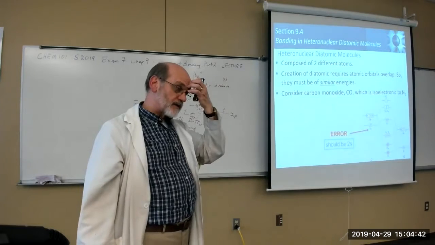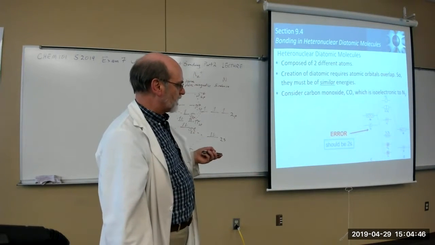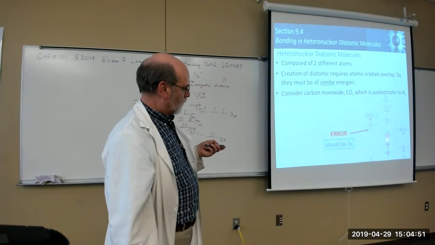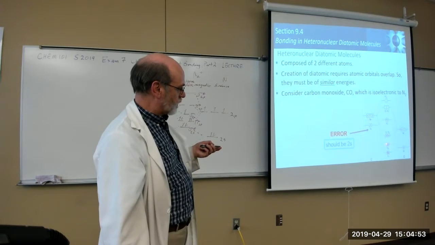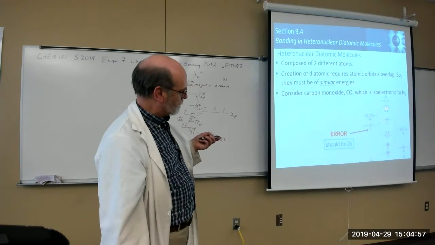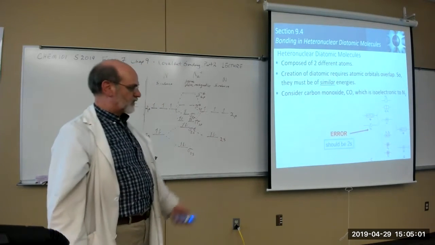So the question is, which dominates? Is there mixing? Well, it appears that the sigma is where it needs to be, except that now the flip is on the pi.